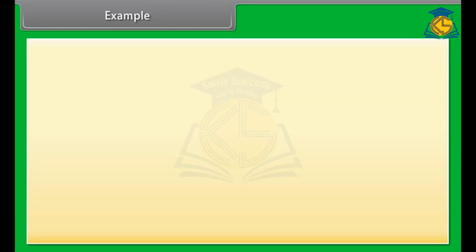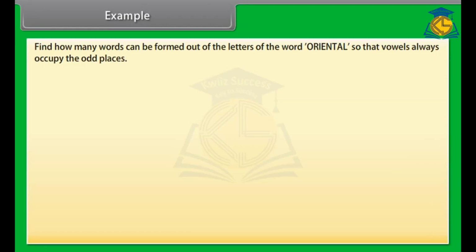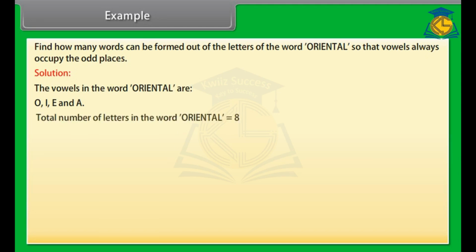325. Find how many words can be formed out of the letters of the word Oriental so that vowels always occupy the odd places. Solution. The vowels in the word Oriental are O, I, E and A. Total number of letters in the word Oriental is equal to 8. Number of vowels is equal to 4.